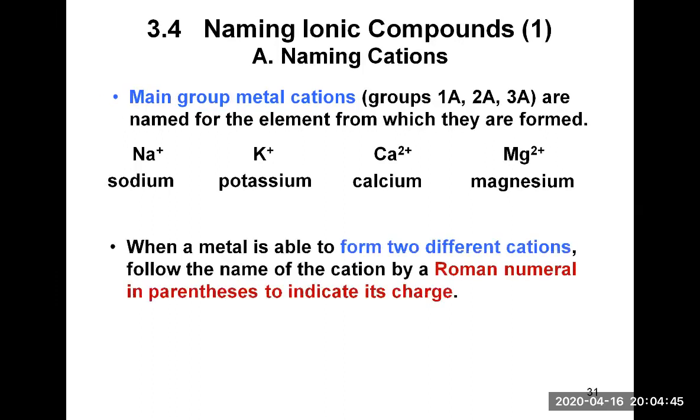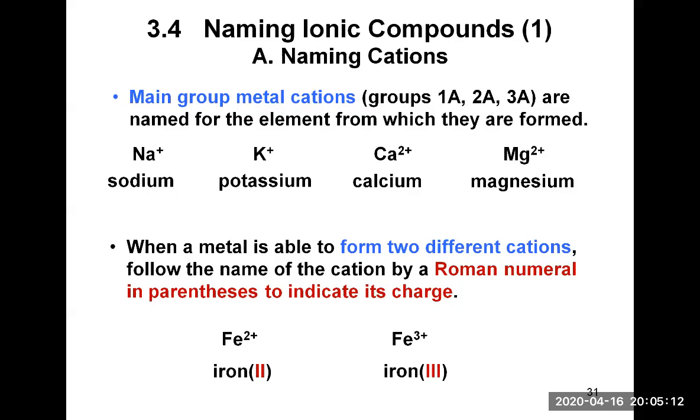When a metal is able to form two different cations, follow the name of the cation by a Roman numeral in parentheses to indicate its charge. The variable charge metals are typically the transition metals in the B groups of the periodic table. Iron is a typical example.